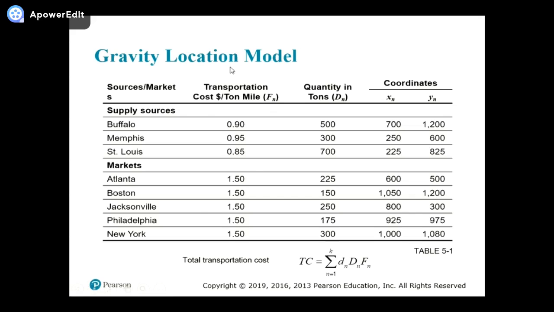We know the transportation costs between the facility and any of these supply or market locations, the supply quantities by each supplier, and the demand quantities of each market. We also know the coordinates of these supply and market sources.